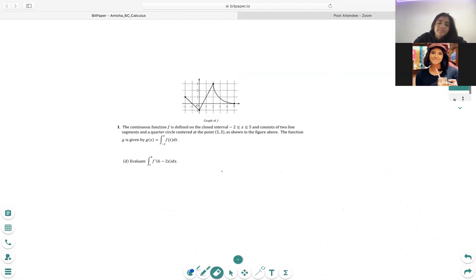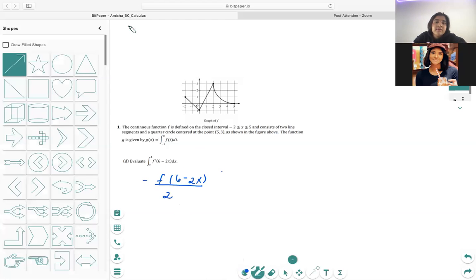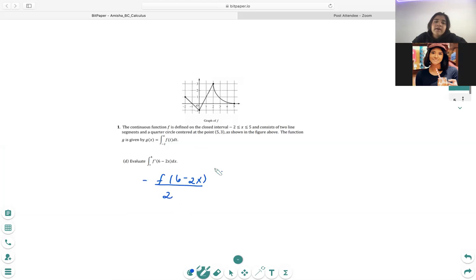We should just simply integrate. So we'll get f of 6 minus 2x over negative 2. This is undoing our chain rule. To verify that, let's take the derivative of this, and we should get f prime of 6 minus 2x, which is exactly what we get. So we're good. Evaluate it over the interval 2 to 4.